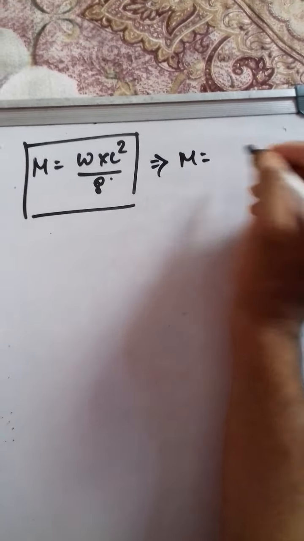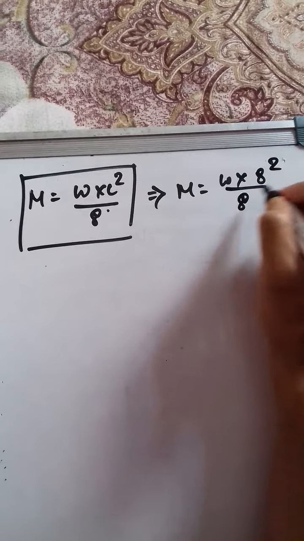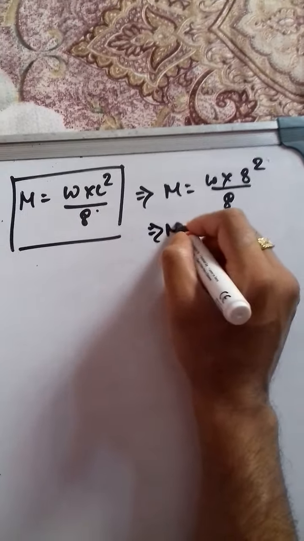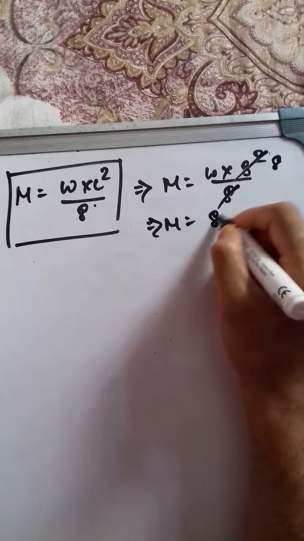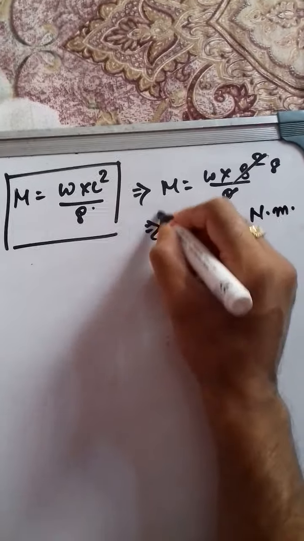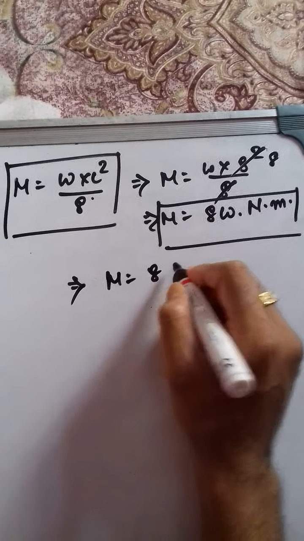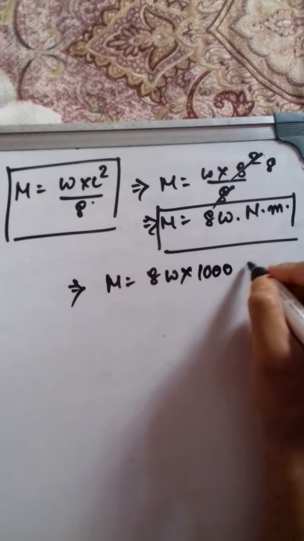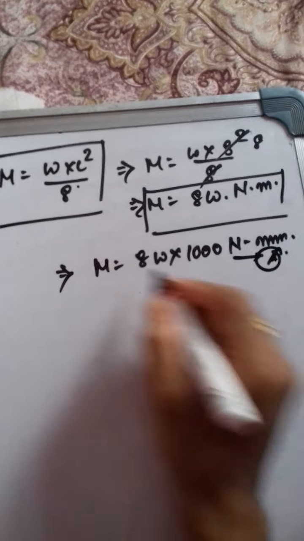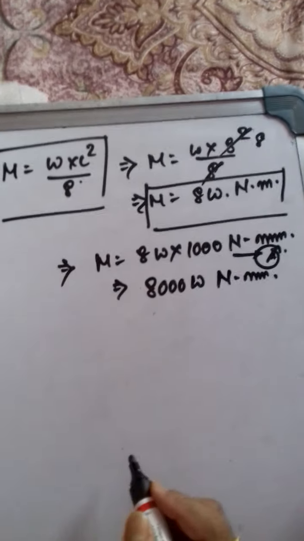So here the length of the beam is 8 meter, so W into 8 square divided by 8 you are getting 8W Newton meter, because it is moment. If you want to go to millimeter, then it is equal to 8W into 1000 Newton millimeter. Okay, so it is equal to 8000 W Newton millimeter.